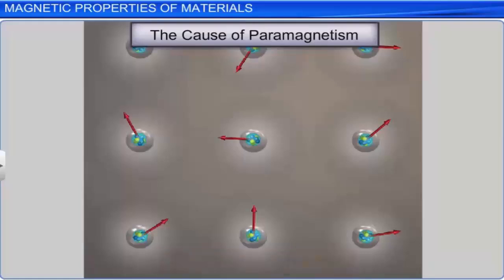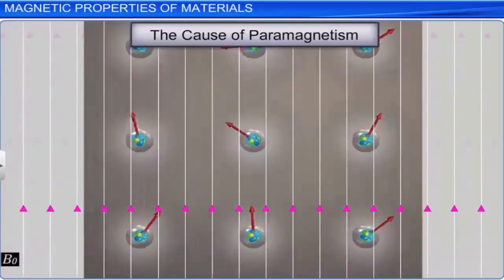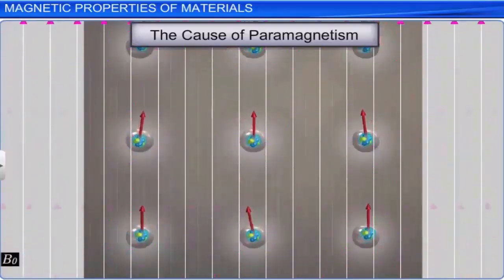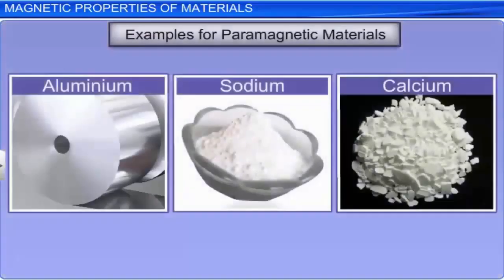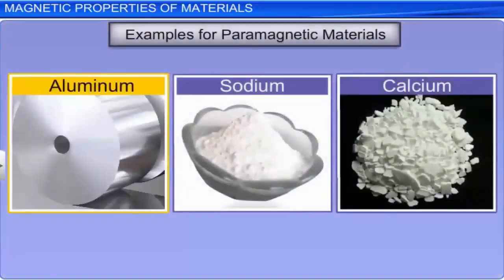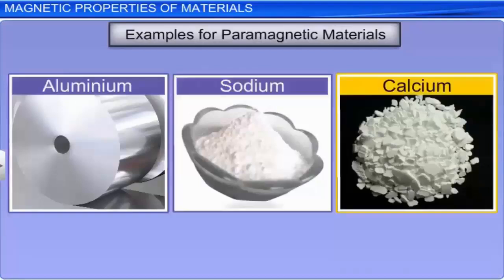When a paramagnetic material is placed in an external magnetic field of induction B0 at low temperatures, the magnetic dipole moment of the individual atoms align in the same direction as that of the external magnetic field. Some examples of paramagnetic materials are aluminium, sodium, calcium, etc.